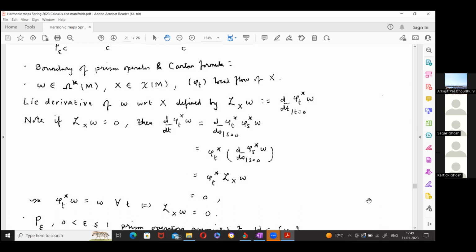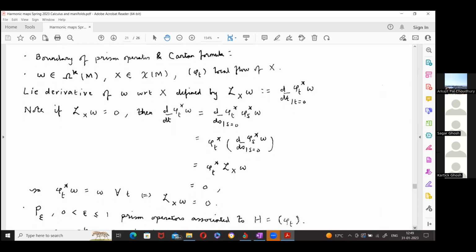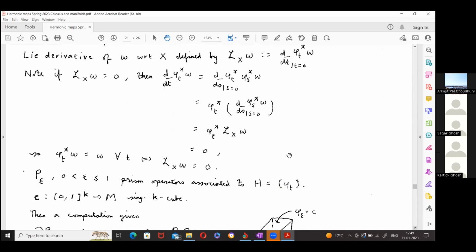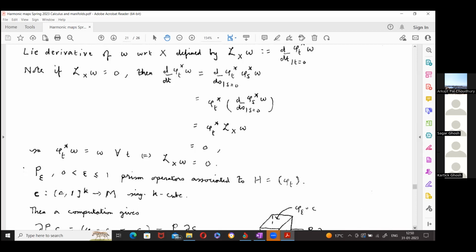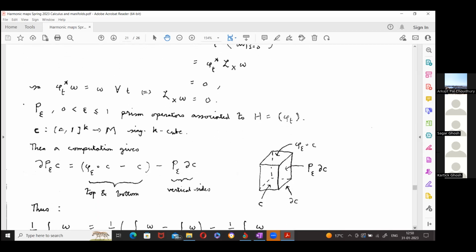Now what we want is to get a formula for the Lie derivative. So suppose P epsilon are prism operators associated to the homotopy phi t, the flow of x. Now let C be a singular k cube.